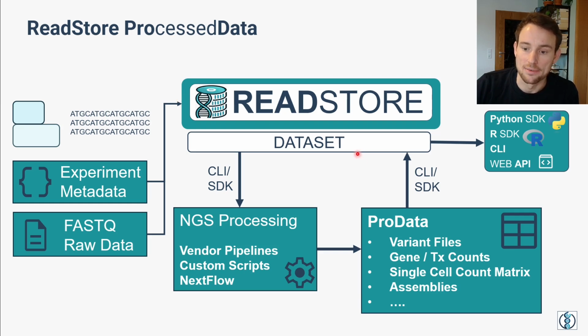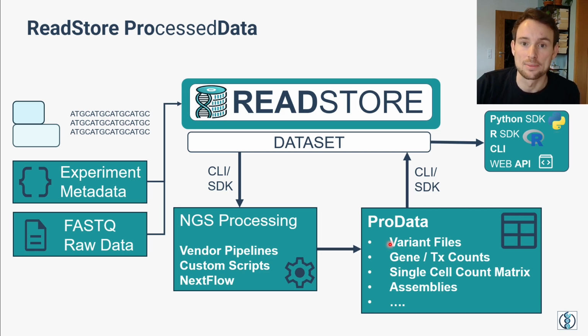Some examples of these are single cell count matrices that come from single cell omics experiments, or variant files for genomics analysis. These process datasets can then automatically be uploaded and attached to the datasets in your ReadStore database.